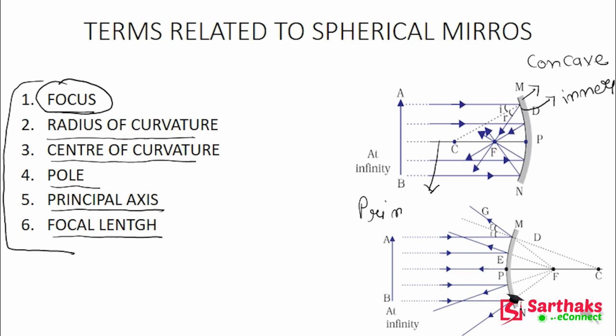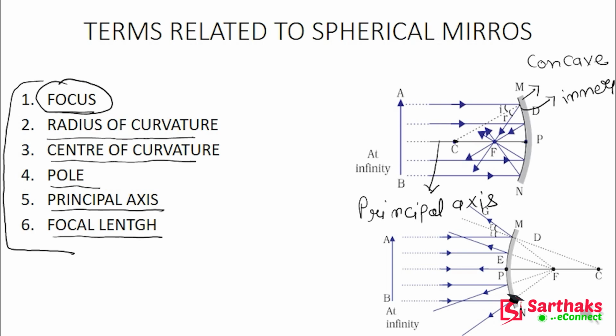Let me write it here for you, principal axis. Why is it the principal axis? Because this is a line connecting this point C and this point P. So the line which connects the point C and point P is known as the principal axis.